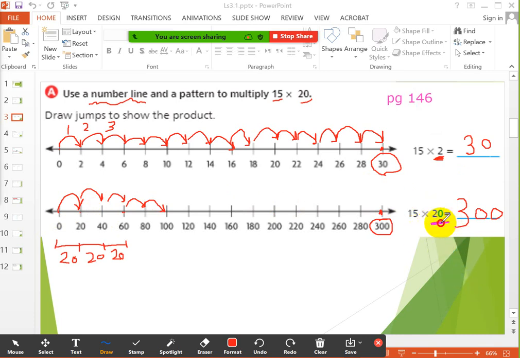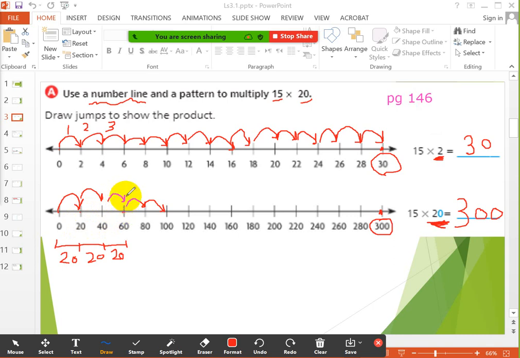So I want to jump. Each jump will be 20. Okay? So I have to repeat and add 20. How many times do I have to do it? 15 times. So first thing, I will start from the 0. It will be 20. After that, I will add 20 to the 20. It will be 40. Add 20 one more time, it will be 60.